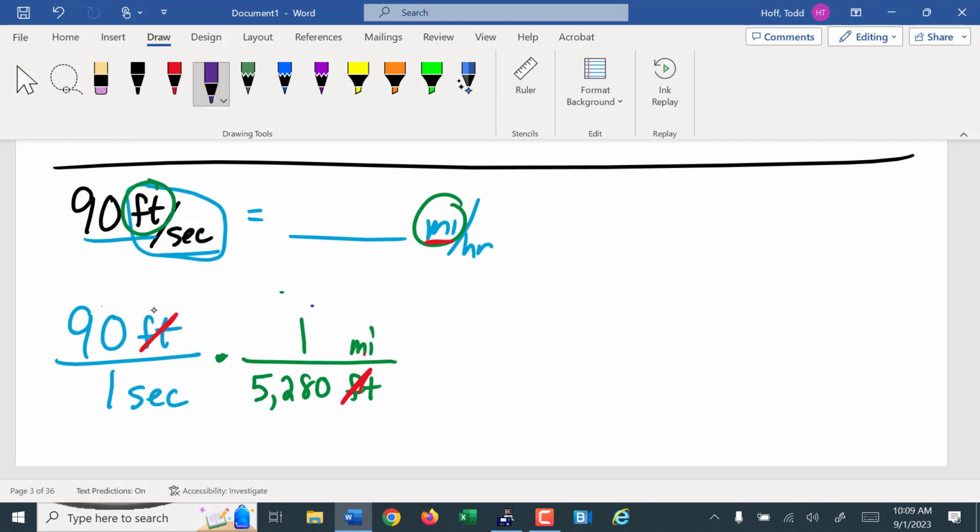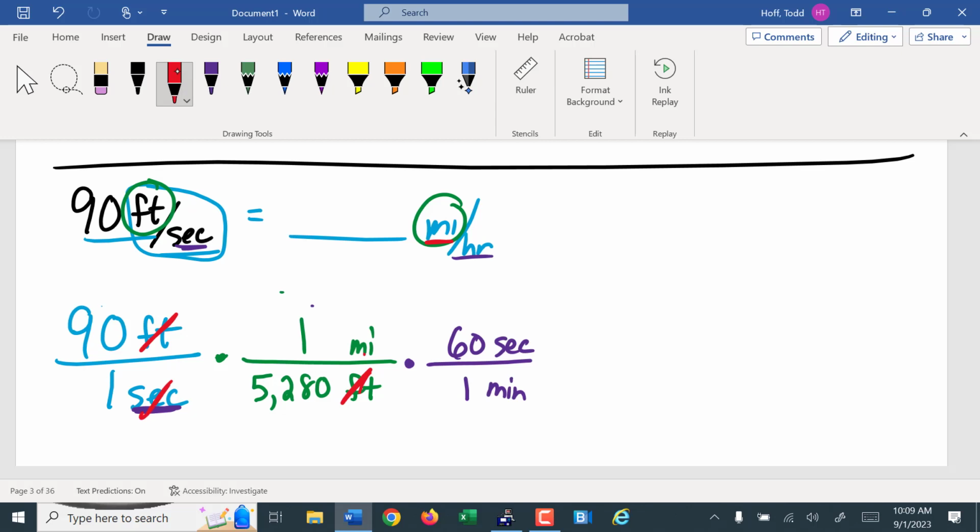We want to get rid of the seconds. Now here's where things change just a little bit. Seconds are on bottom, so to cancel them out, we have to put them on top. Now we don't necessarily have a direct conversion from seconds into hours. So we might go from seconds into minutes first. The relationship there, which one's bigger, a second or a minute? Minute. So 1 minute equals how many seconds? 60.